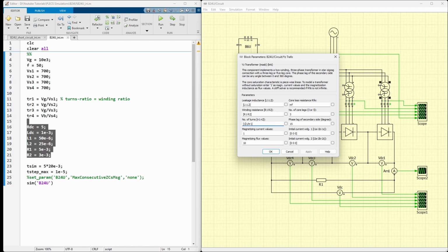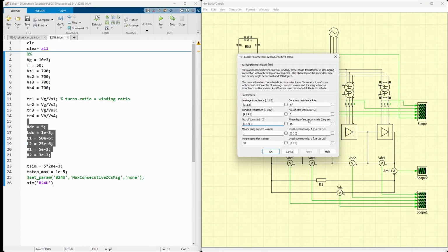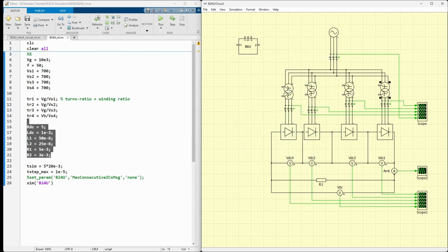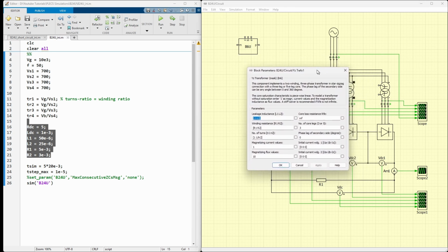If you remember from the single line diagram, we need the phase shifts as follows: minus 15, 0, 15 and 30 degrees. Since it's specifying a lag of the secondary, if we input 15, it will implement a phase shift of minus 15 degrees. Continue similarly with the other 3 transformers.